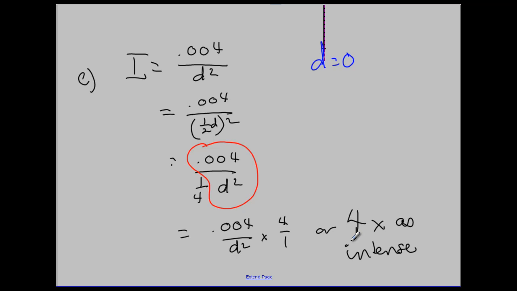So the same thing would hold true. What if we took the distance and instead of dividing it by 2, maybe we divided it by 3? Well, then it would be 1 over 3 squared, which is 1 over 9, and it would be 9 times as intense. And so we can get this quick calculation in terms of intensity. So that's the intensity is equal to the inverse of the square.